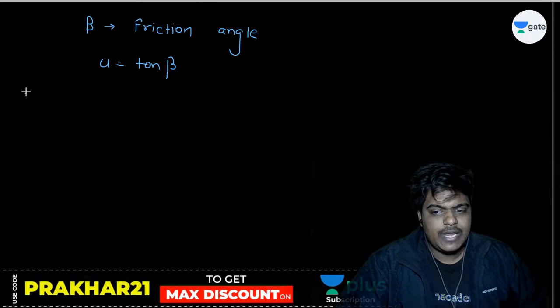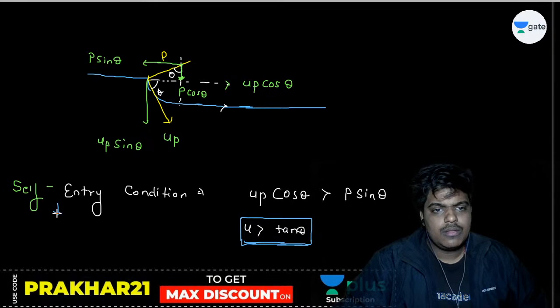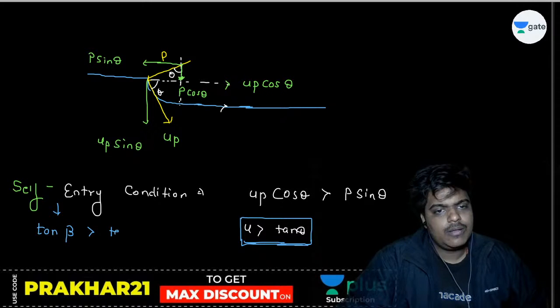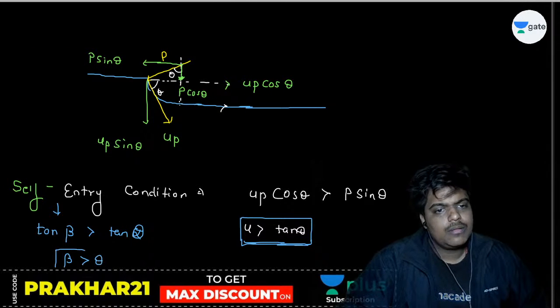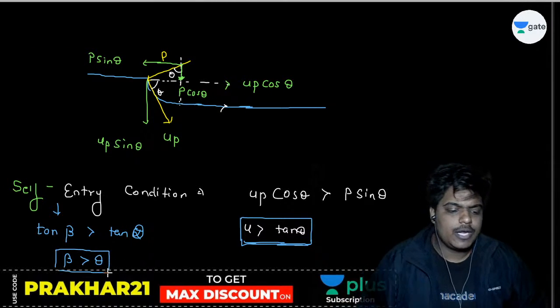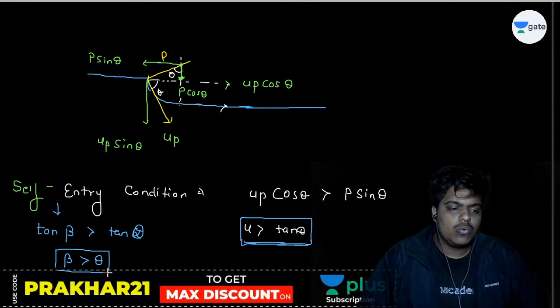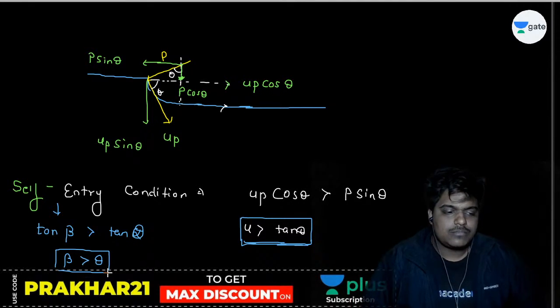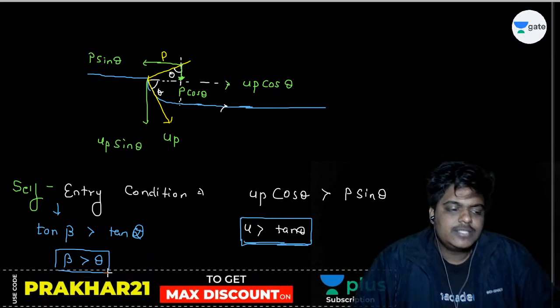So for self entry condition, can you say tan beta should be greater than tan alpha or tan theta? Or can you say beta should be greater than theta? Beta should be greater than theta. Yes or no? Yes.